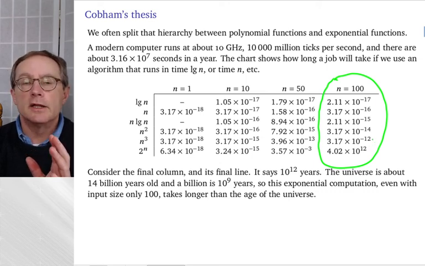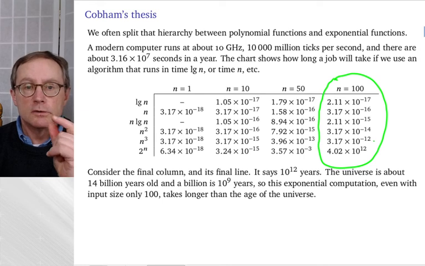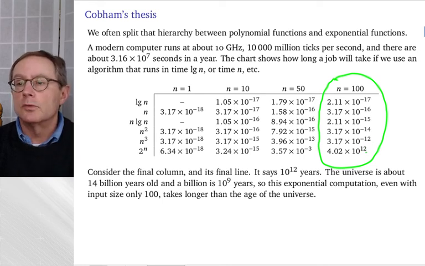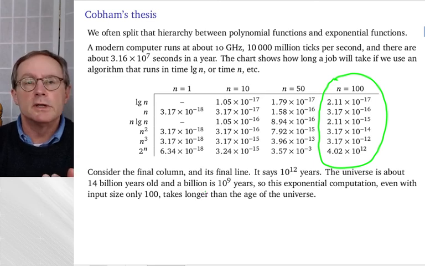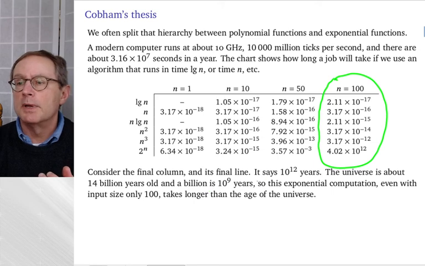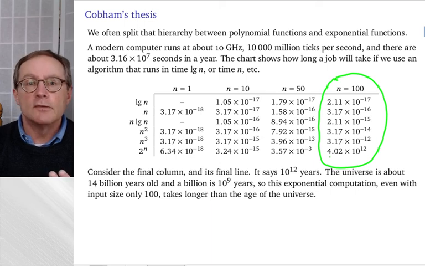Okay, well, how long is 10 to the 12 years? The universe is 14 billion years old, and a billion is 10 to the ninth years. So this exponential computation takes way more than the age of the universe, even with a data set of size 100.